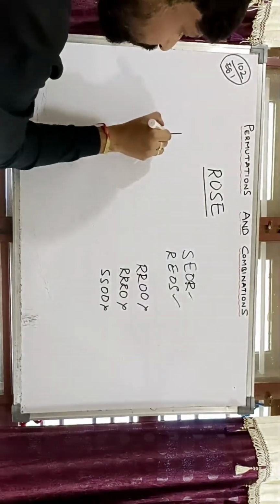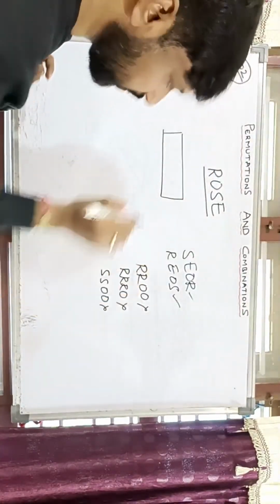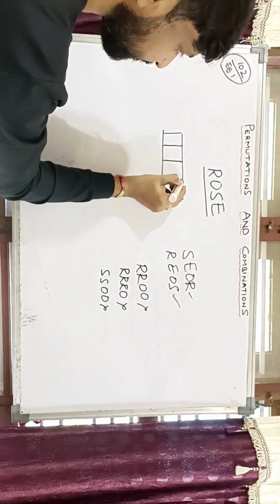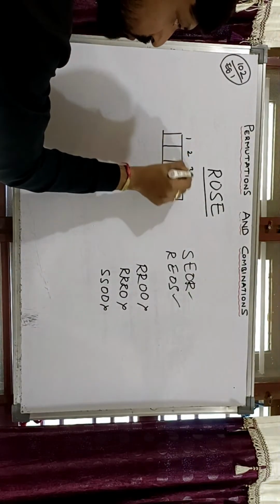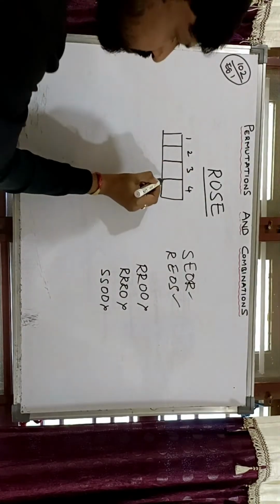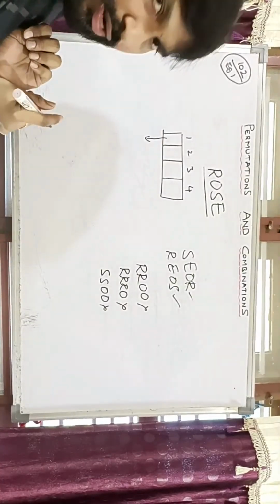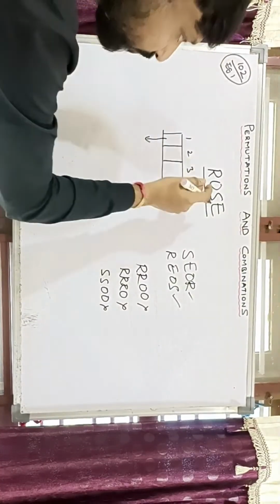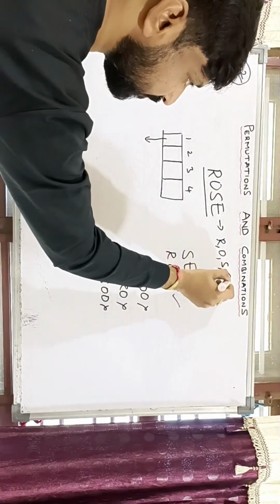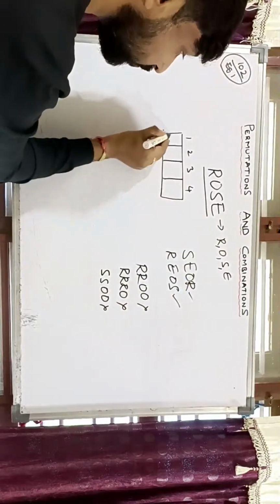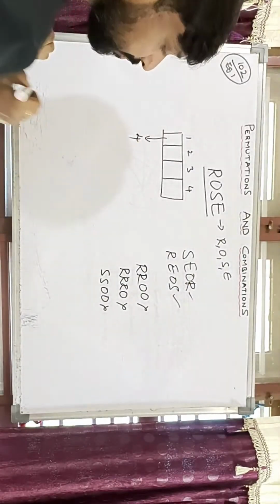Then how can we solve this kind of sum? They are asking for a 4-letter word, so let us consider 4 boxes: box 1, box 2, box 3, box 4. In box 1 you are going to fill a letter from R, O, S, E. From these 4 letters, you can fix any letter here, so the total number of ways is 4.